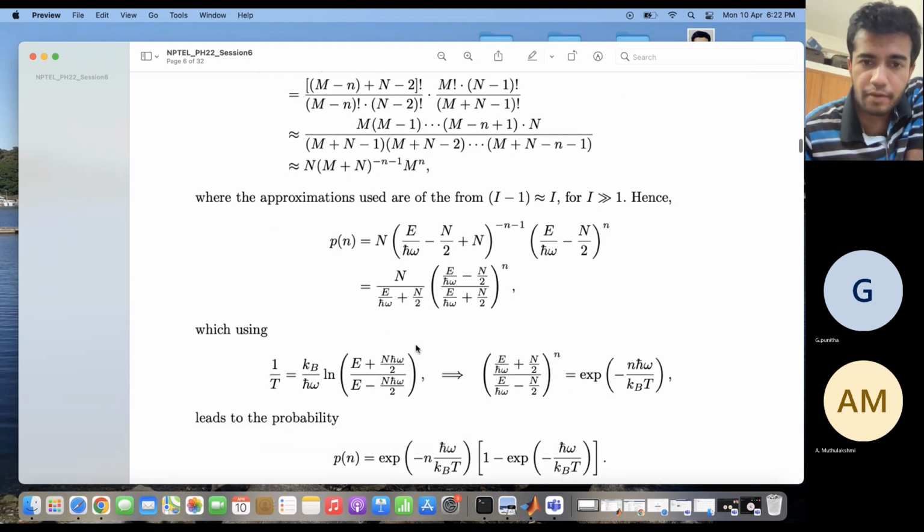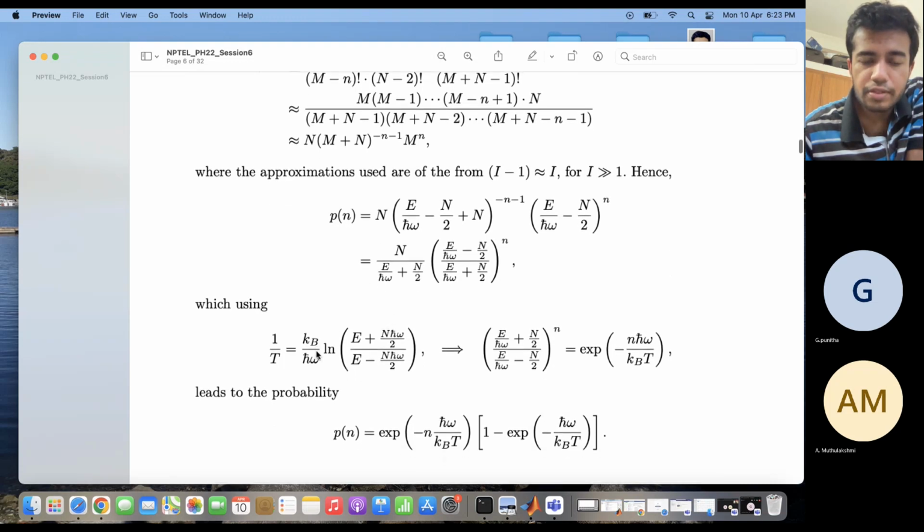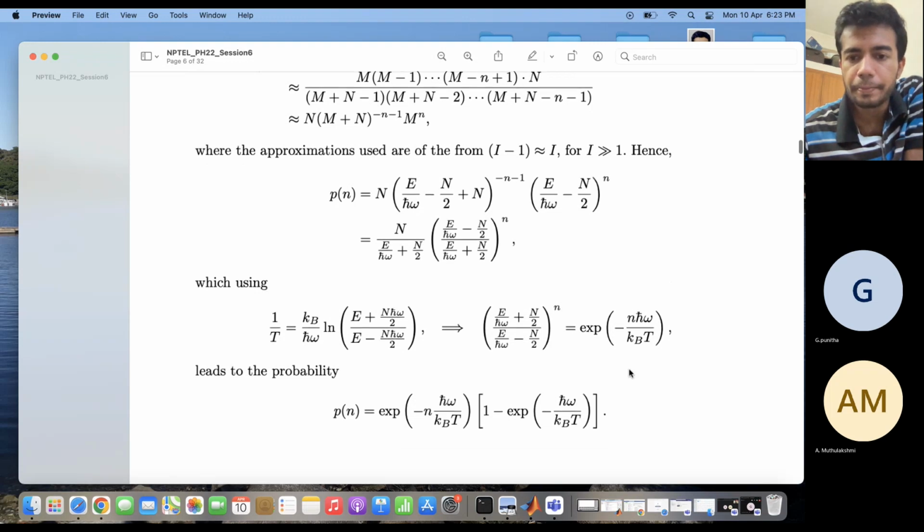So if I use this for Pn, and now use the expression for temperature which I had obtained earlier, then I know that this quantity is equal to e to the power minus n H cross omega by kBT. Basically, I take H cross omega by kBT over here and I exponentiate and then take it to the power n. Therefore, this is equal to e to the power minus n H cross omega by kBT.